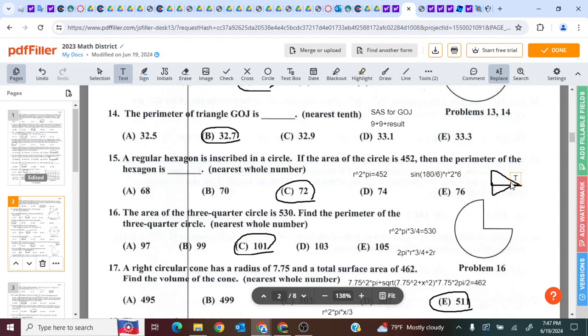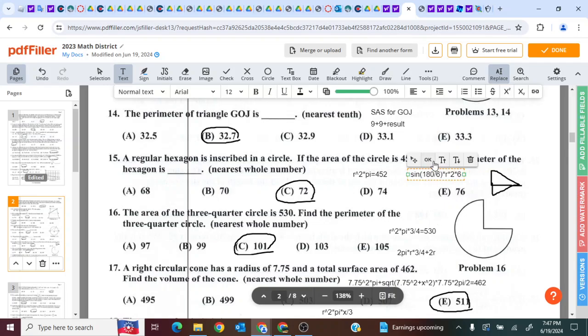This angle is going to be equal to 180 over the number of sides. You can draw it out yourself if you want to understand why better. Then multiply by your r value to get this value, multiply it by 2, and then multiply by 6 because it's a hexagon. If you do that, you'll get a perimeter of 72.